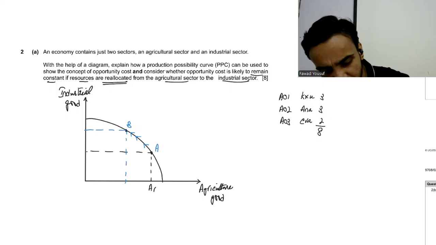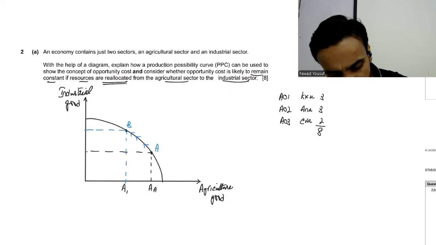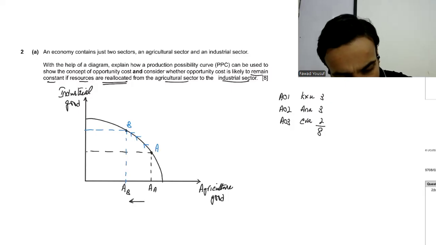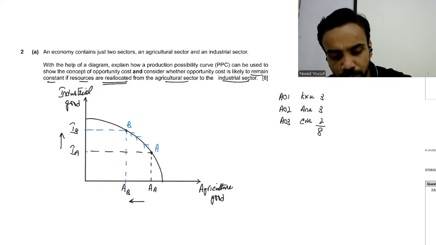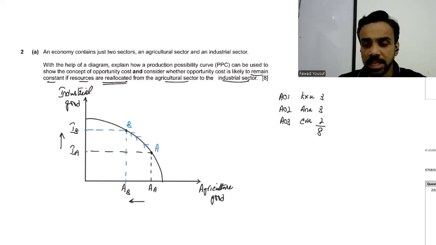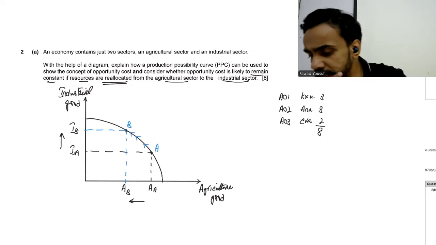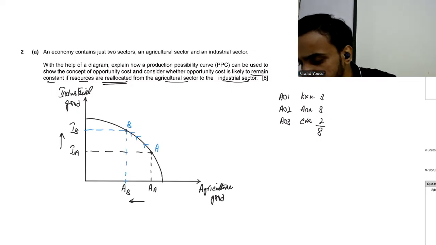For example, if I was making this agriculture goods and then I'm reducing agriculture goods and industrial ke andar, I will be increasing. So this sort of shows my trade-off. There is a movement along the curve that is taking place. So this will be the diagram you're going to make. You're going to get one mark for correct labels.